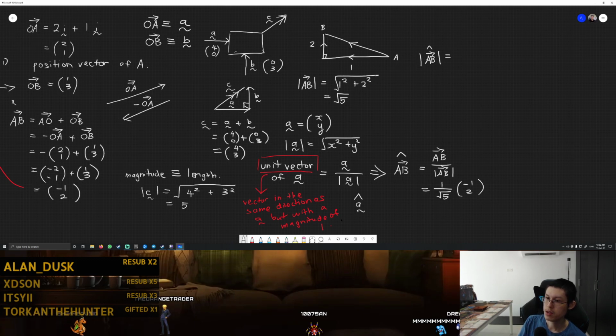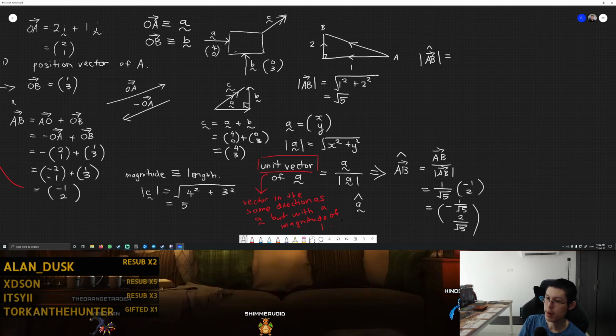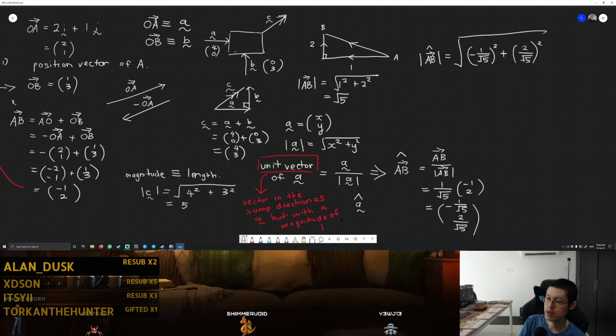So how do I find the magnitude of the unit vector? Well, you can see that the unit vector is actually -1 over root 5 and then 2 over root 5. So the magnitude of that is just going to be -1 over root 5 squared plus 2 over root 5 squared, and then you square root the whole thing.